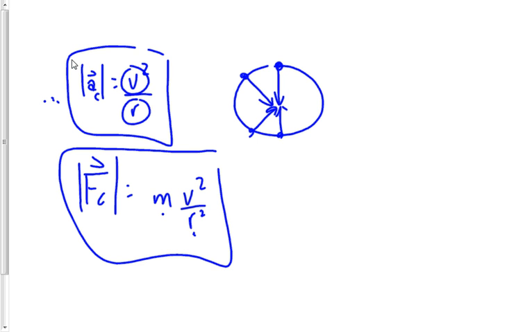Okay, it's still an acceleration, right? What are the units for centripetal force? What are the units for force? Newtons. What are the units for centripetal force? Newtons. Good. It's no different. We call it something different, centripetal acceleration, centripetal force, but the units are still the same as they always have been for acceleration and for force.